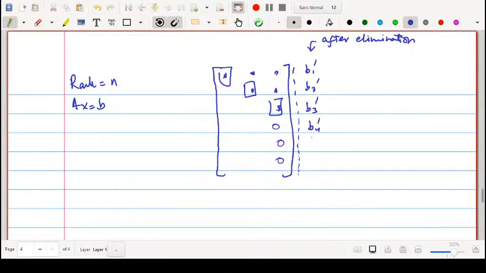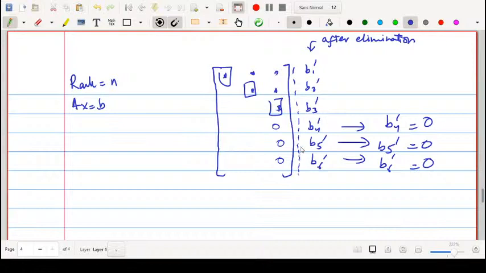And now for these entries b4 prime, b5 prime, b6 prime, the only way that you're going to be able to satisfy all of these equations is that b4 prime should be equal to 0, b5 prime should be equal to 0, and b6 prime should be equal to 0. That is, when you do elimination, not only are you hoping that all of these rows become 0, but these entries on the right hand side should also become 0.